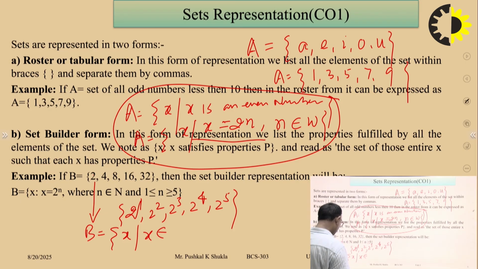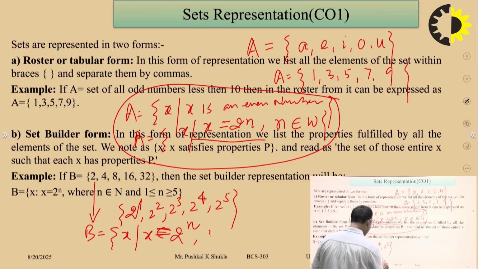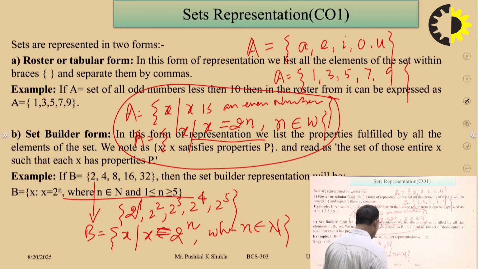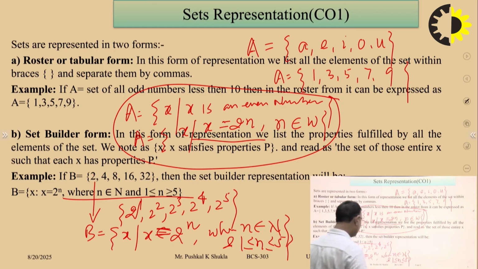So we can write x equal to 2 to the power n, where n is an element of N, natural numbers. So n is a natural number, and n lies between 1 and 5.